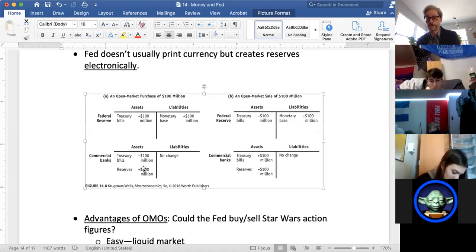And those are now reserves that the bank can lend out. And what happens when they lend it out? It begins to increase the money supply through that money multiplier process that we talked about. Okay? So this is how the Fed goes about increasing the money supply. They buy treasury bills. And how do they pay for them? With brand new money, right? New reserves that never existed before.